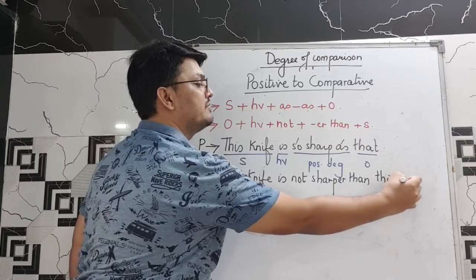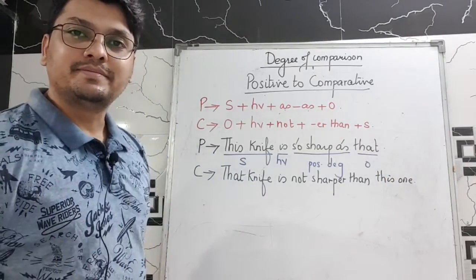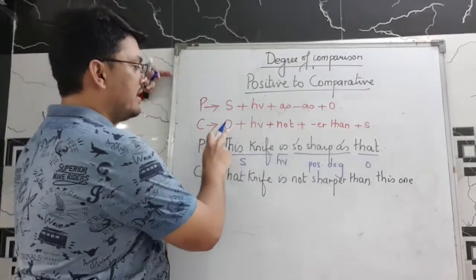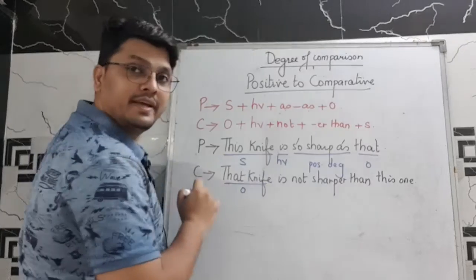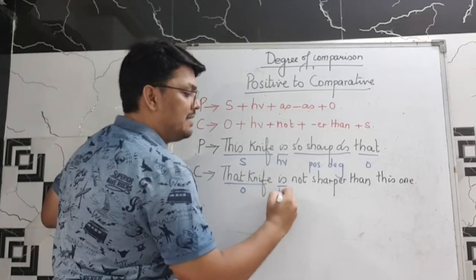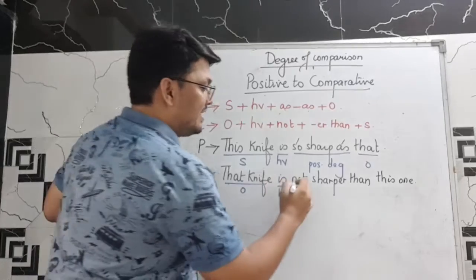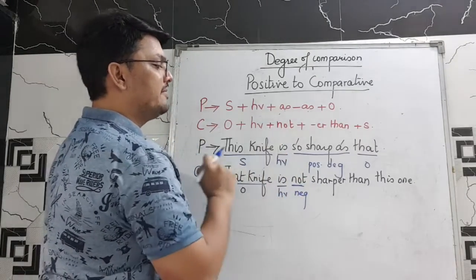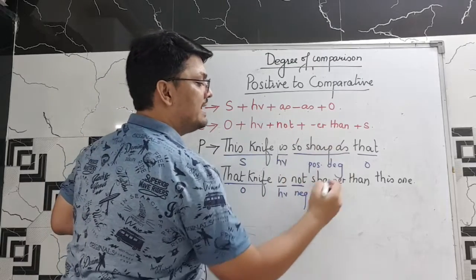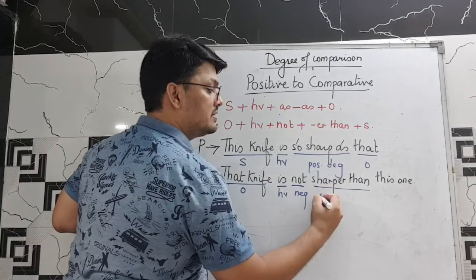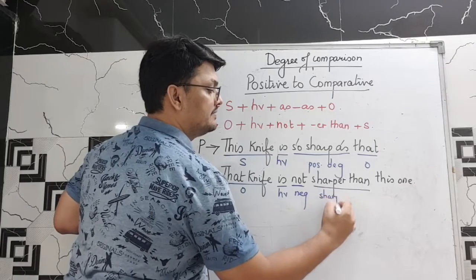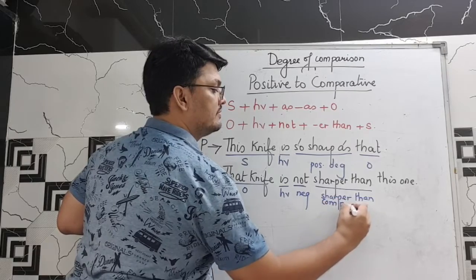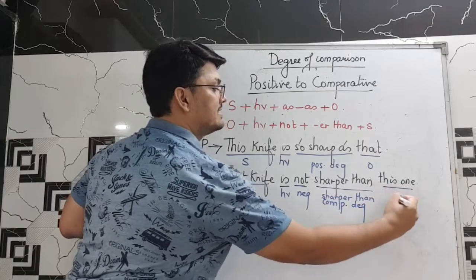Don't write knife two times. So let's see, have we followed the structure? Yes, we have followed. That knife, object, is helping verb. We've used negative. Structure says to put negative. Then so sharp as became what? Sharper than, means comparative degree. And this is my subject.